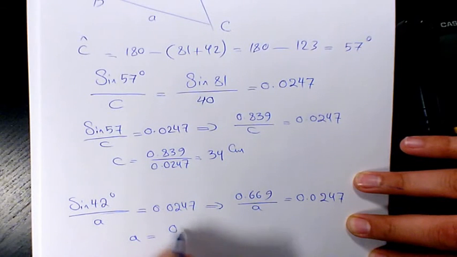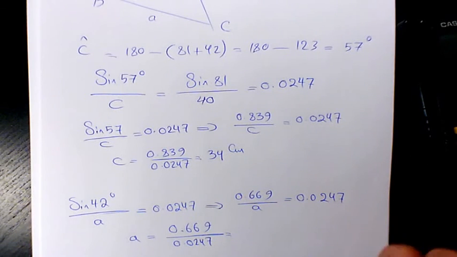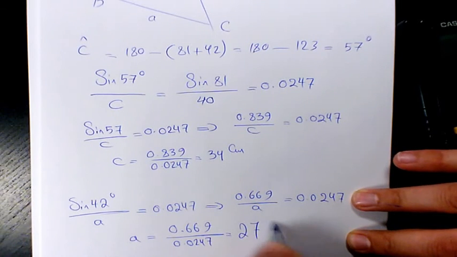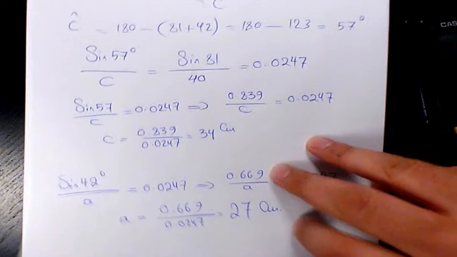So A will be 0.669 over 0.0247. That's going to be almost 27 centimeter.